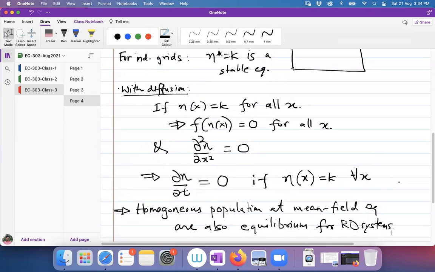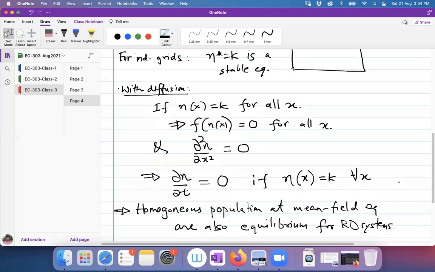Okay, so I will just stop here today. So what is an obvious next question, by the way? What I have just shown you is, if we construct a homogeneous solution where every location has the same value as the mean field equilibrium, that will also be an equilibrium for the reaction diffusion system. Are you all convinced with this now? So this means k has to be constant.